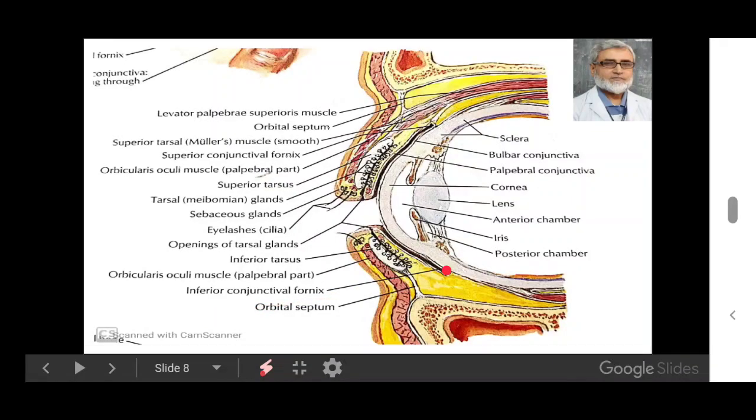Different chambers will be discussed in the details of the eyeball. Come over the eyelid first. The two eyelids, upper and lower, are a covering layer of your eyeball. It gives shade, and while sleeping they close the eye and protect the eye.